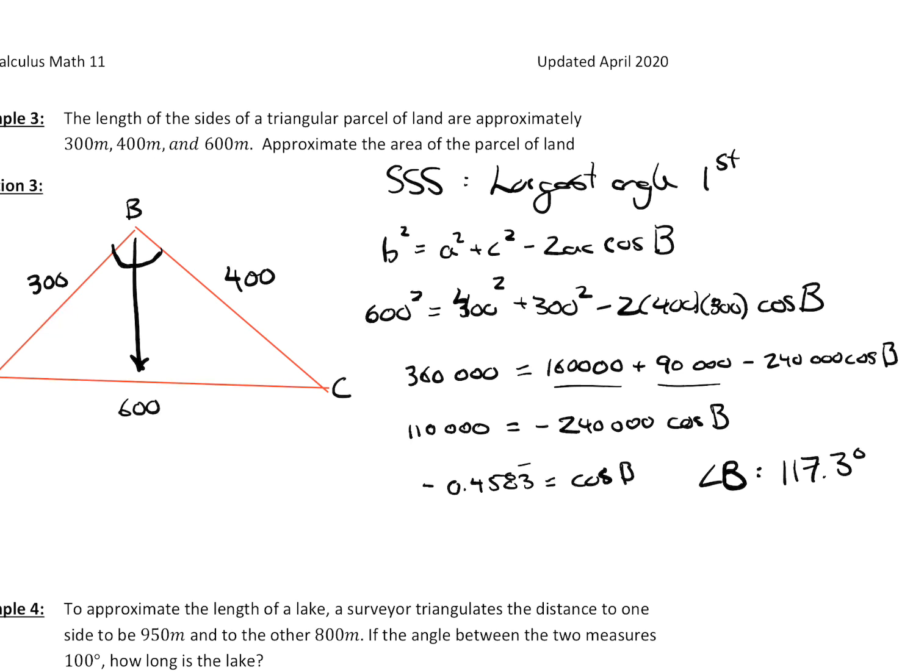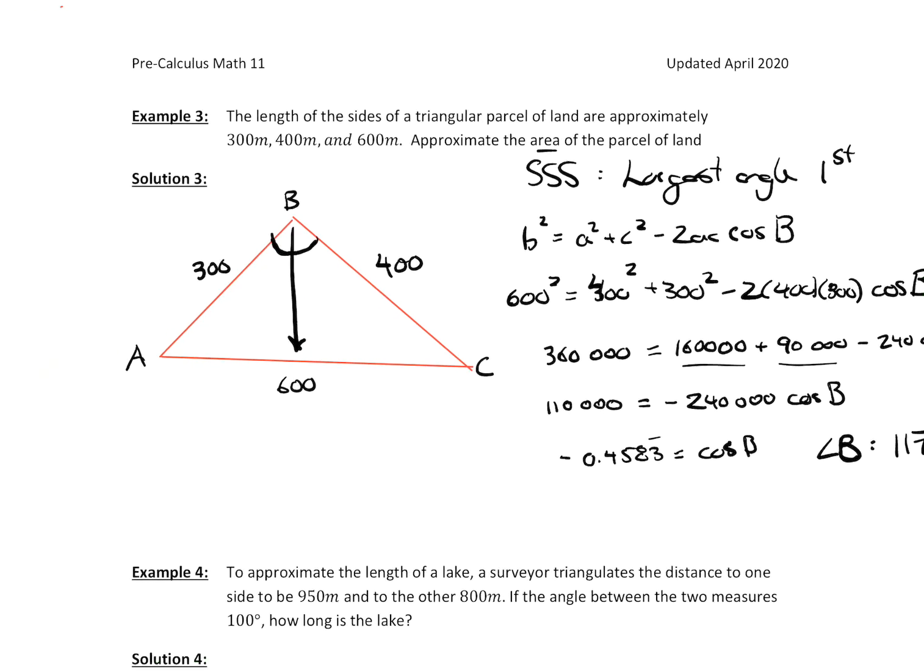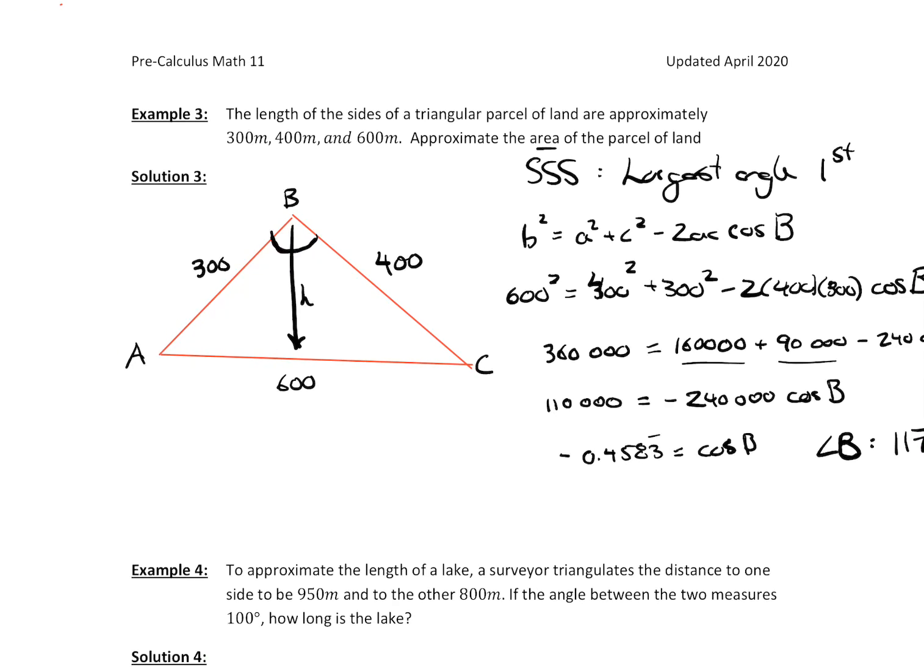So now we know angle B, but we need to know the area, right? So how do we get area? It's base times height. Now we don't know the height, but we do know the base is 600. So what we need is height, which means we need either angle A or angle C. Since we have angle B, we can solve for either one. I'm going to solve for angle C, using the sine law.